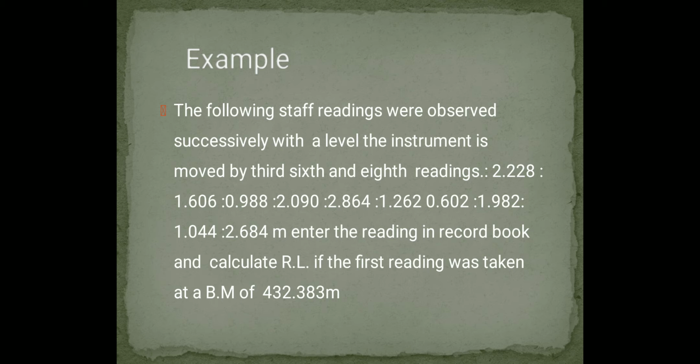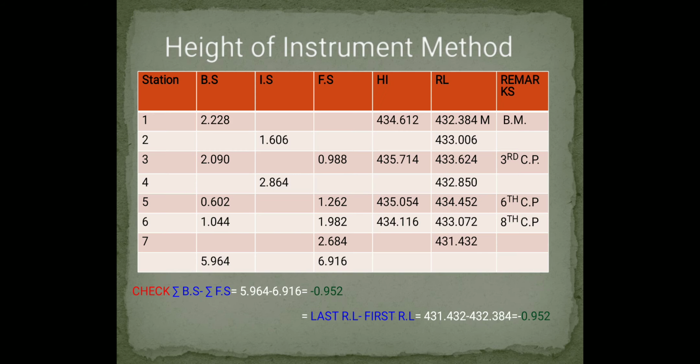Enter the readings in the record book and calculate the reduced level if the first reading taken at the benchmark is 432.383 meters. Now let us see how to calculate it in the first method, height of instrument method.